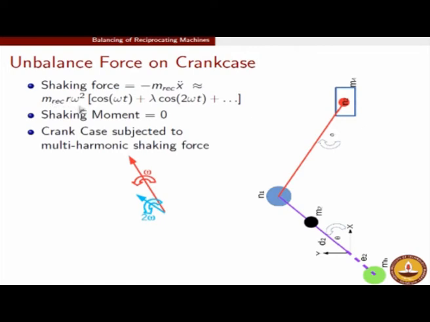So m r omega squared is the magnitude of a rotating unbalance, with the value of unbalance being m_rec times r, rotating at the speed omega. So to understand what this shaking force is, I can as well think that this is a shaking force due to a rotating unbalance of magnitude m_rec r rotating at a speed omega.